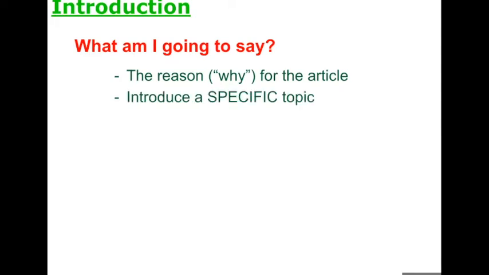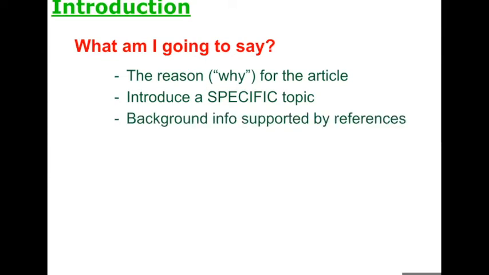Okay, so you need to introduce here a more specific topic. The one that I gave you in your first assignment is a general topic. Okay, so now we have to go to a more specific topic, and that will be part of your introduction.